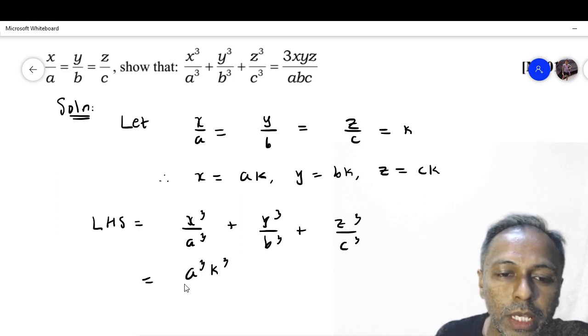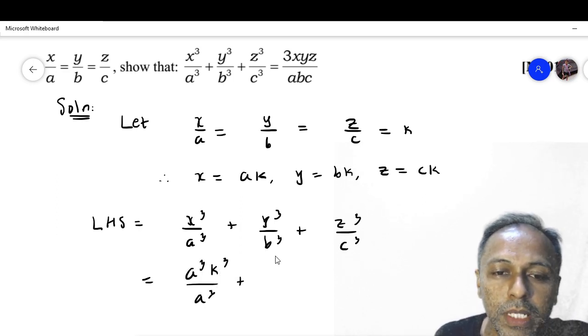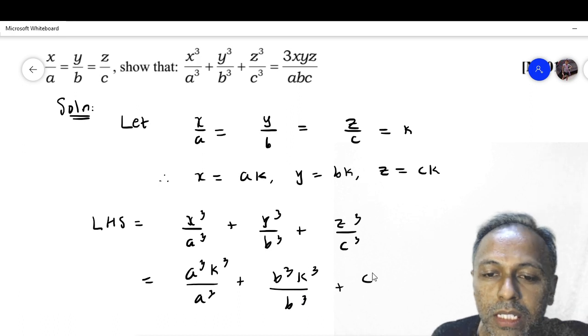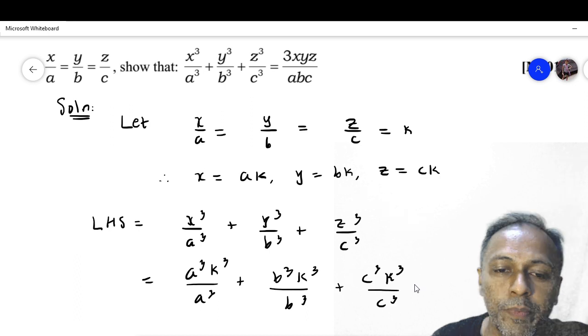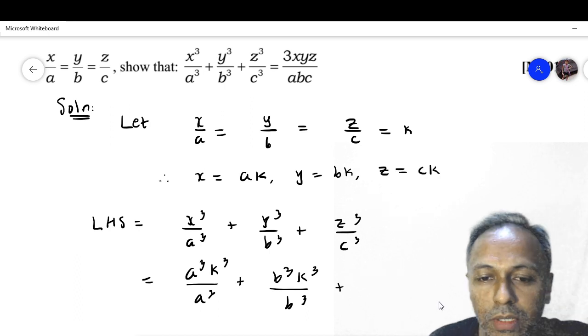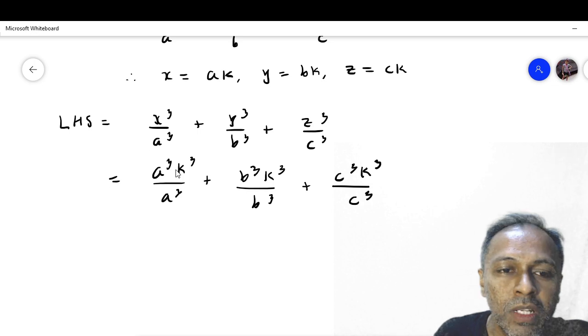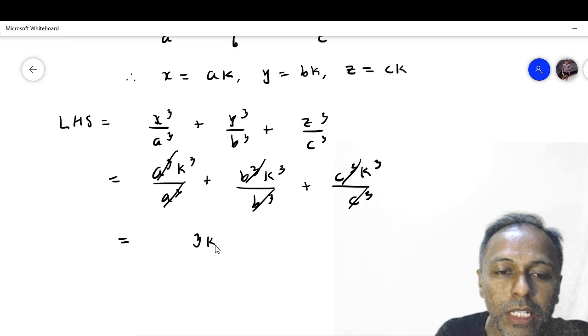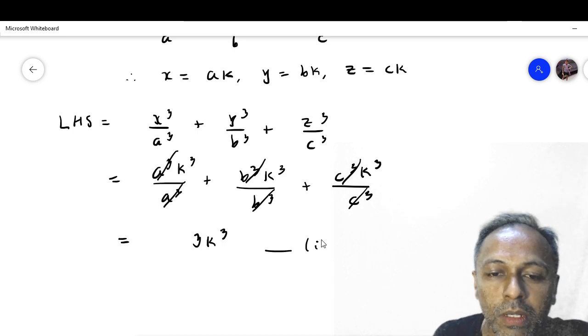So it will become a cube k cube upon a cube, plus y cube becomes b cube k cube upon b cube, plus z is c cube into k cube upon c cube. So after cancellations we are able to get k cube adding 3 times is equal to 3k cube.